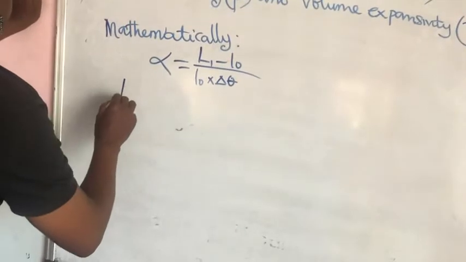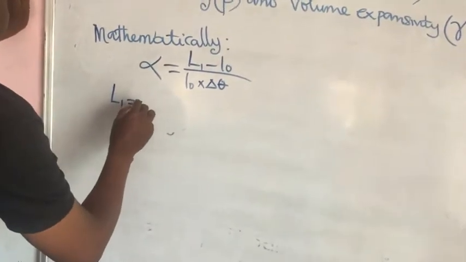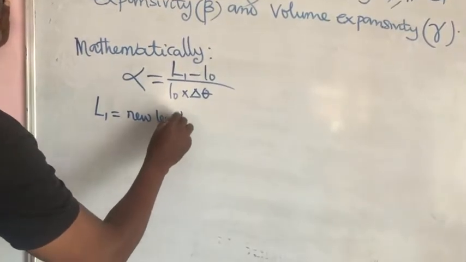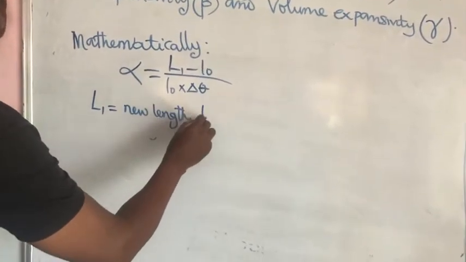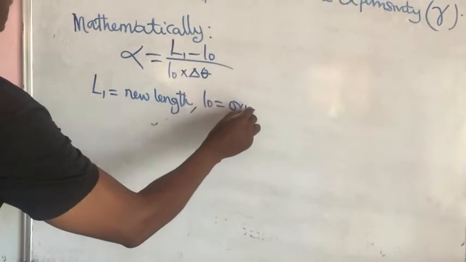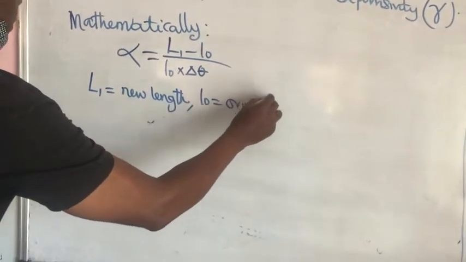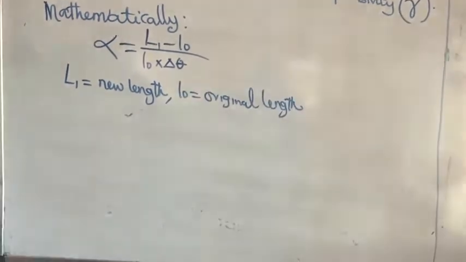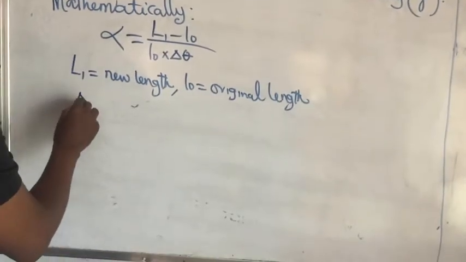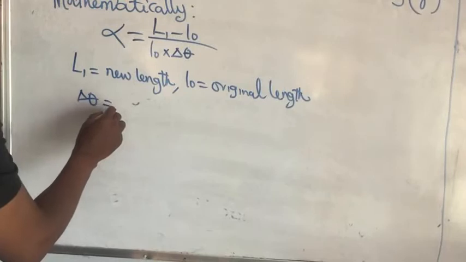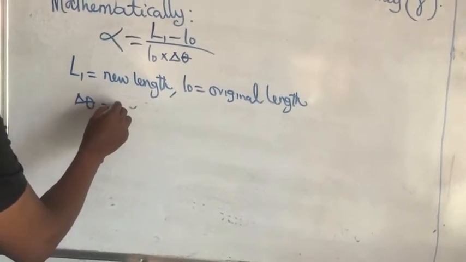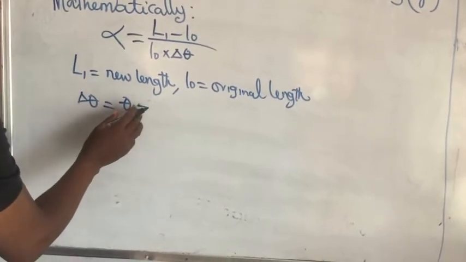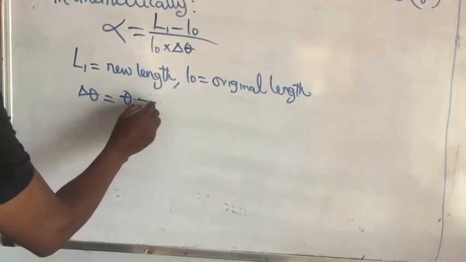So L1 is equal to new length, L0 equal to original length, then delta theta is equal to theta 1 minus theta 0.